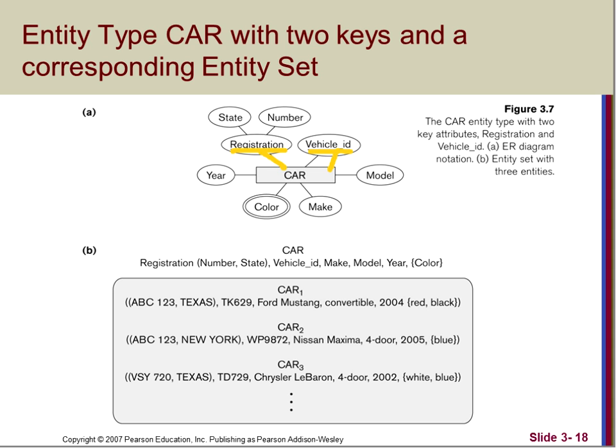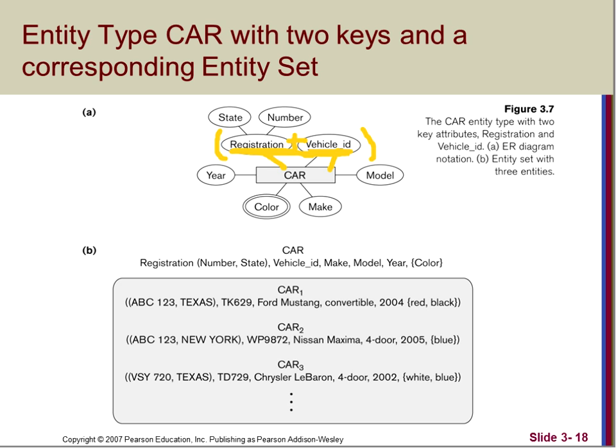However, sometimes it can be a composite key attribute like this one. Registration plus vehicle ID can be the key attribute. At that time, you need to connect the line, registration through vehicle ID. Okay, that is a composite key attribute. Composite key attribute is also possible.